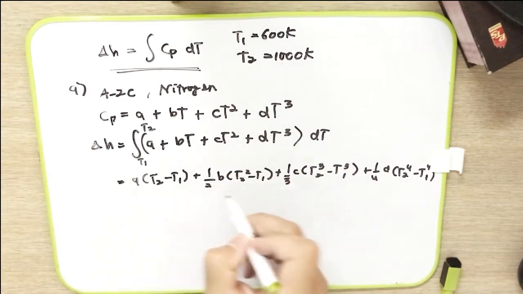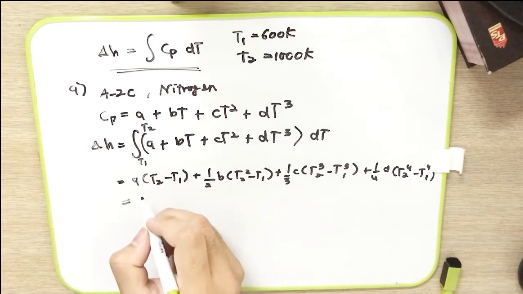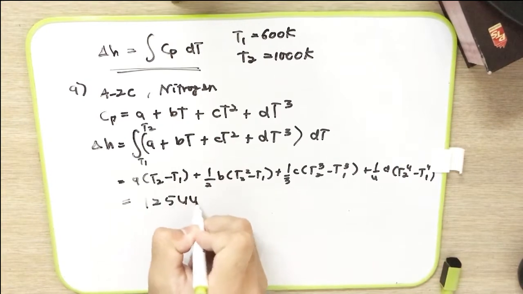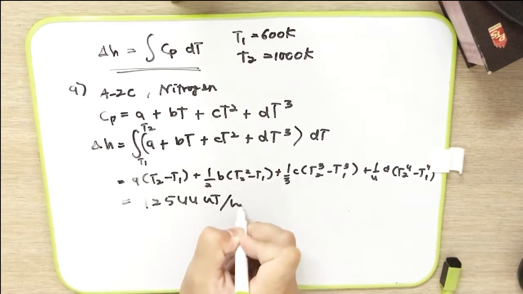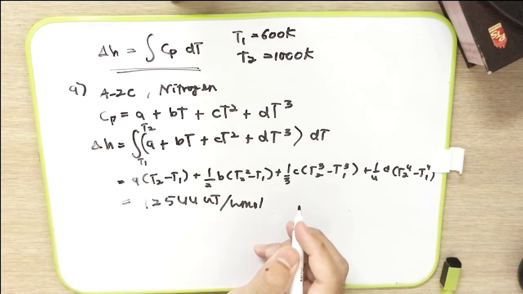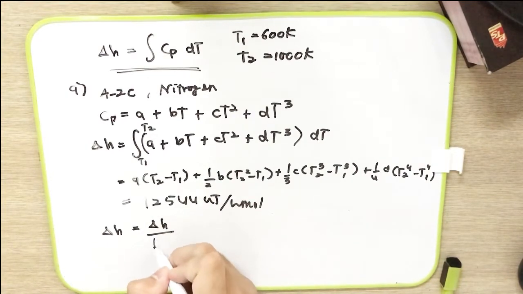After we have substituted all the values inside this equation, we solve it, then we will get the delta H is equal to 12544 kilojoule per kilomole. According to the question, we need to find the enthalpy change in kilojoule per kg. So this delta H, we need to divide with its molecular weight.